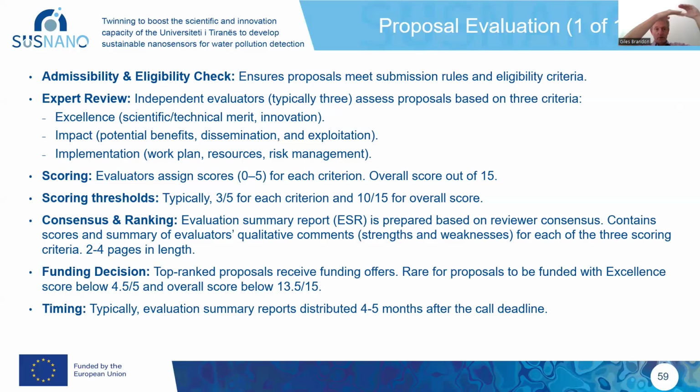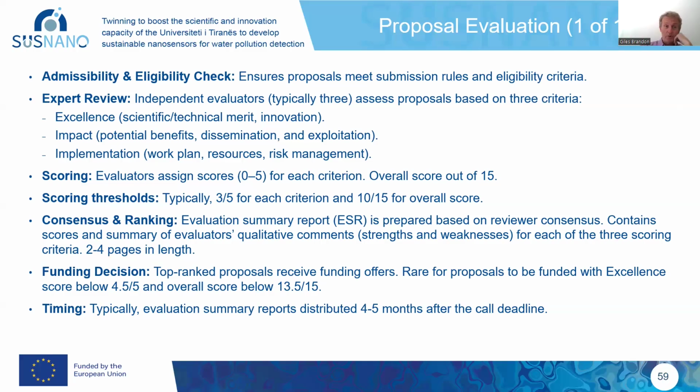Now, what does the score need to be? It all depends. I can only give very general observations here. From my personal experience, it's very rare for a proposal to be funded where the excellence score is below 4.5 out of 5. There are cases, of course, but they're pretty rare. More likely they've got 4.5 or even 5 to ensure funding.